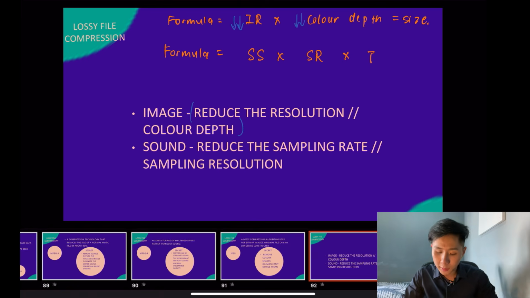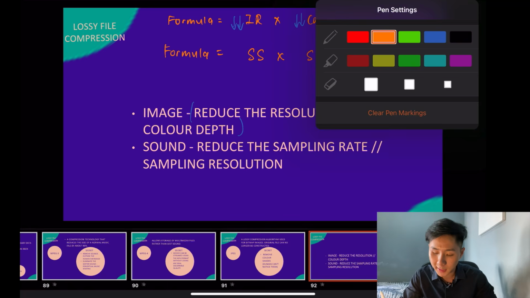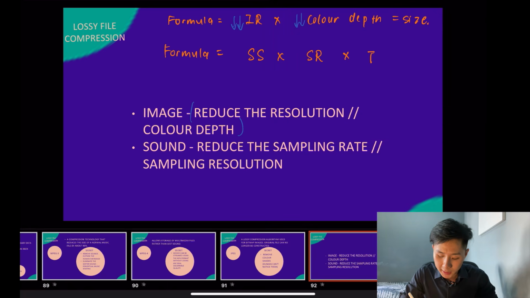The way we can reduce the file size of a sound, again, is either we reduce the sample rate, or we reduce the sampling resolution, or we can even reduce the length of the sound to reduce the size. So that's how all these things can be linked together.